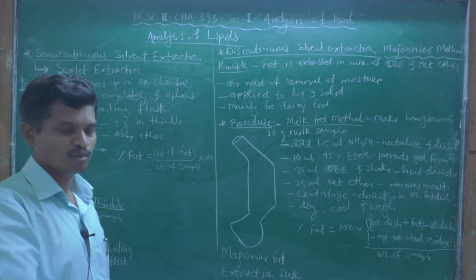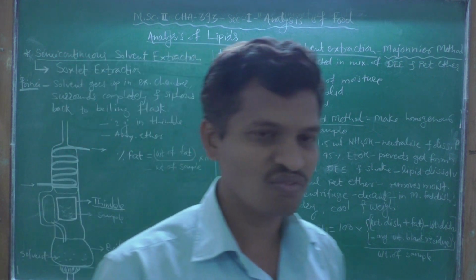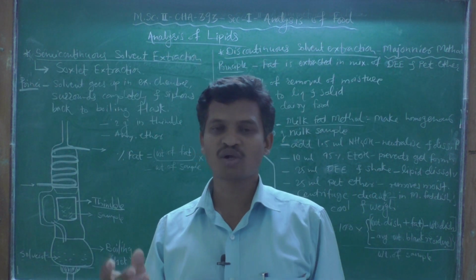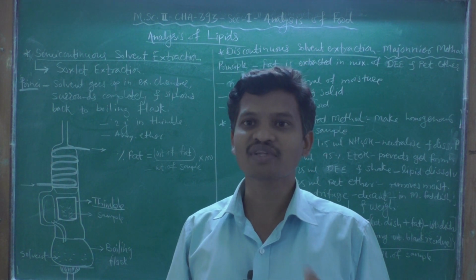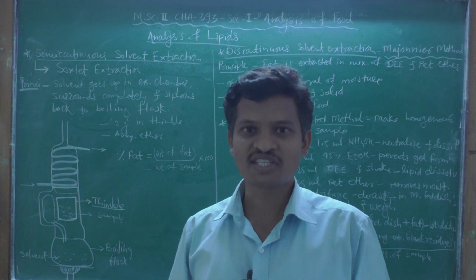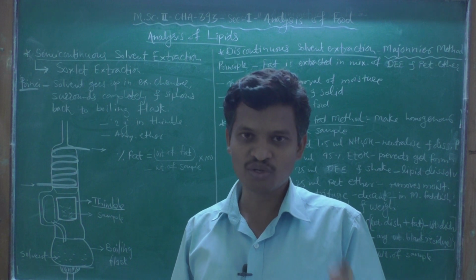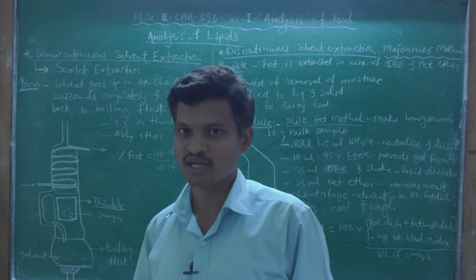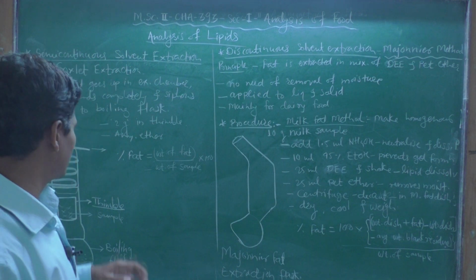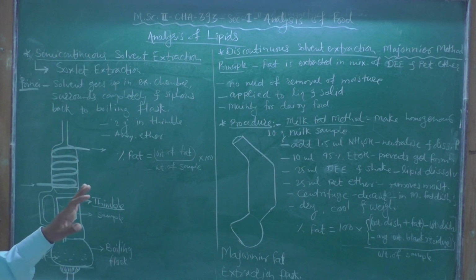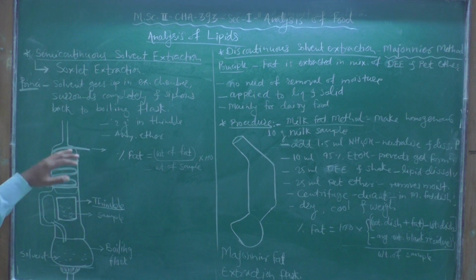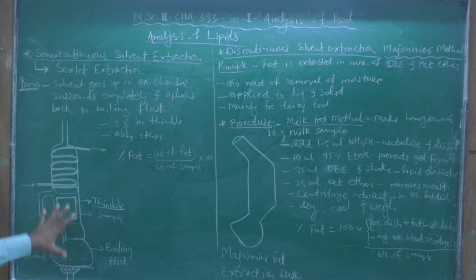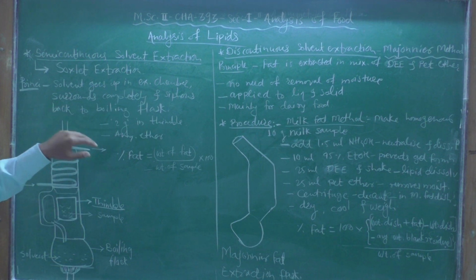Siphoning back means that the vapors of that solvent, when they go back into the boiling flask, carry with them the fat which is extracted from the food sample taken in the thimble. So this is the principle of the Soxhlet method, and this is the setup of the Soxhlet extraction method.